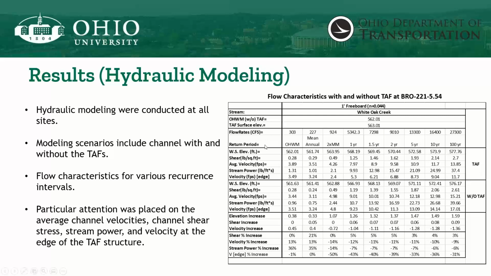The annual flow is also from StreamStats, and because of these sites, we know what the ordinary high water mark is. So we can actually back calculate what the corresponding flow rate is. So the ordinary high water mark flow rate can be determined using HEC-RAS.